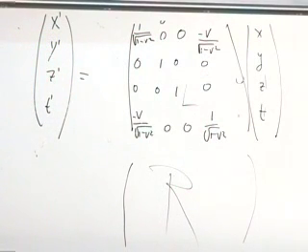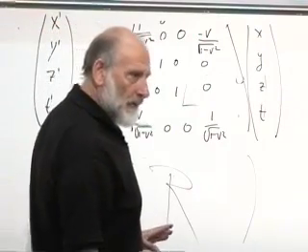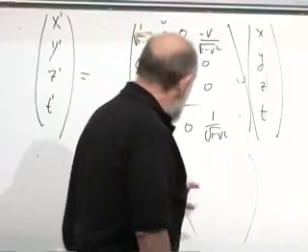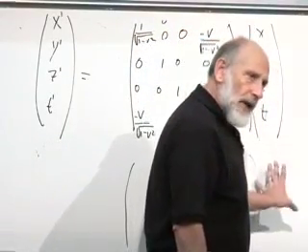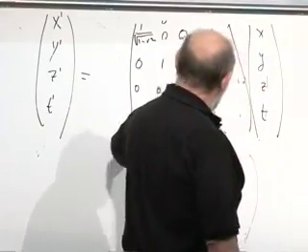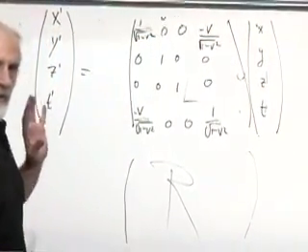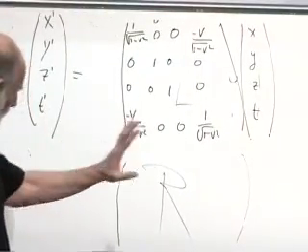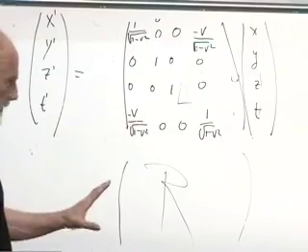What if we want to do a Lorentz transformation along some other axis? What we do is we first use the rotation matrix to rotate axes, and then we use the Lorentz transformation matrix to boost, or to give us some velocity along the new x prime axis.